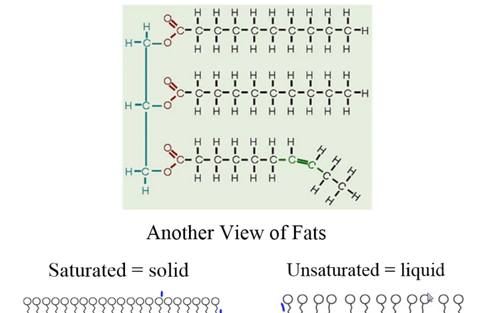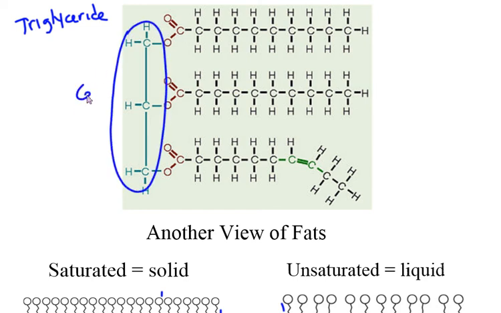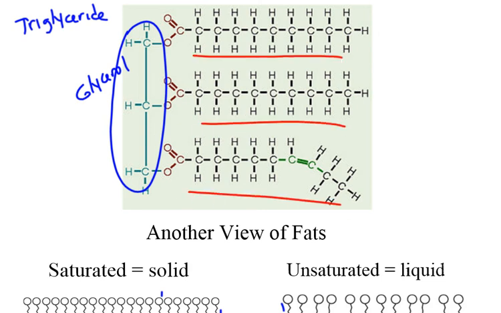Now, final thing about lipids. Remember, this is our triglyceride. We have our glycerol. And of course our 3 fatty acids. Now, one thing to look at here is we have a difference right here. We have a double bond.